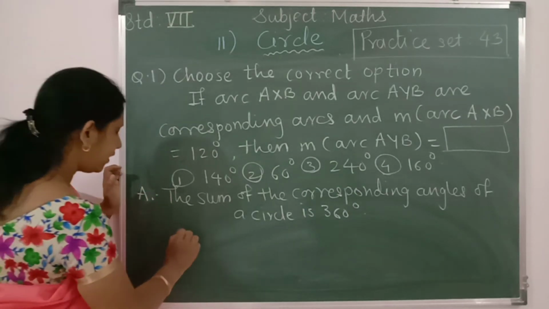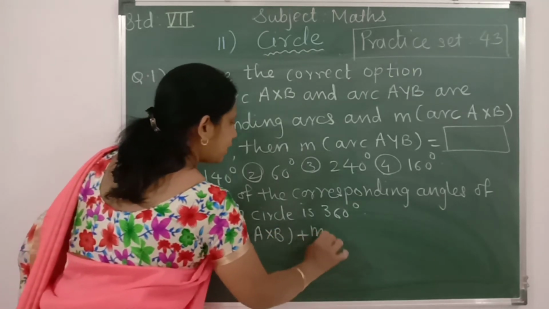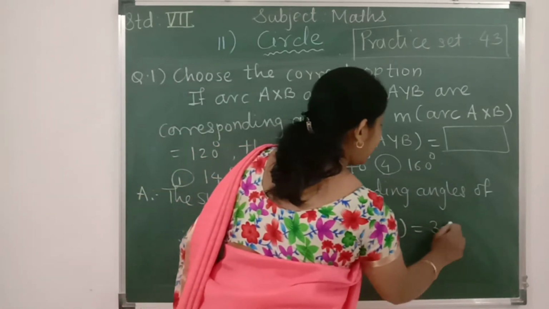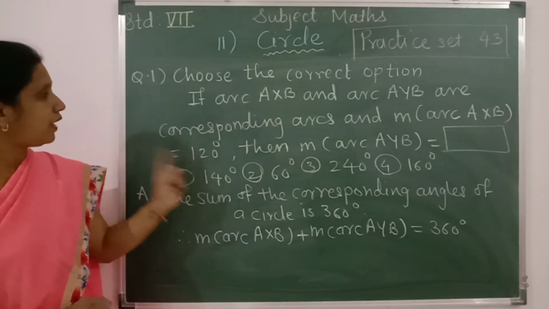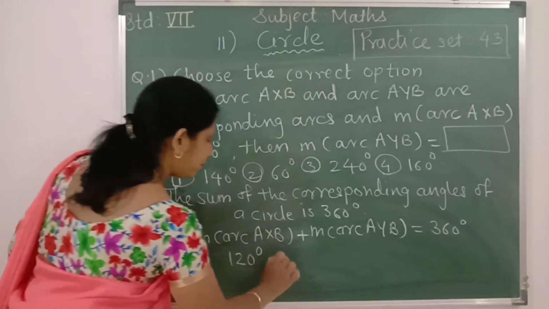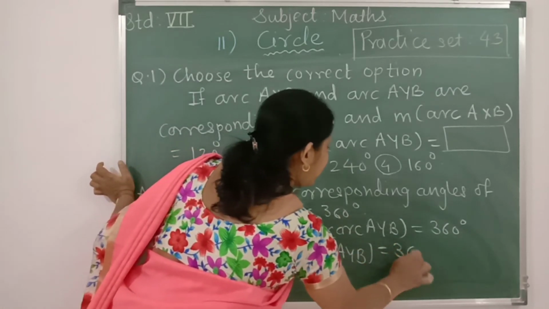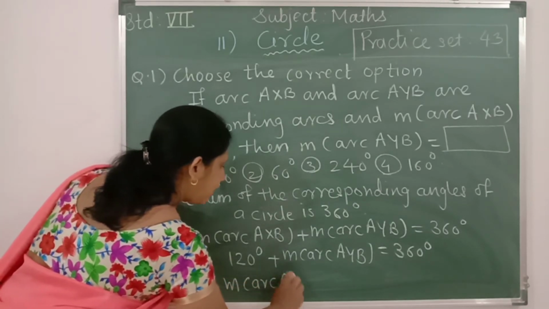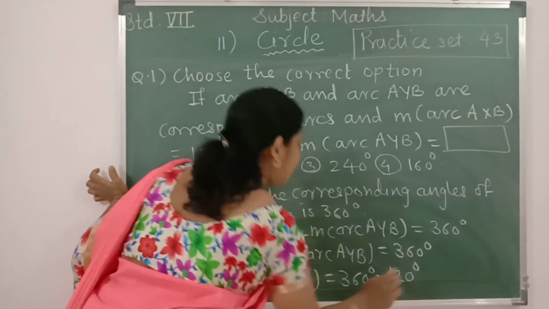So let us write, therefore, measure of arc AXB plus measure of arc AYB is equal to 360 degrees. Now, the measure of arc AXB is given as 120 degrees, plus measure of arc AYB is equal to 360 degrees. Therefore, measure of arc AYB is equal to 360 degrees minus 120 degrees.